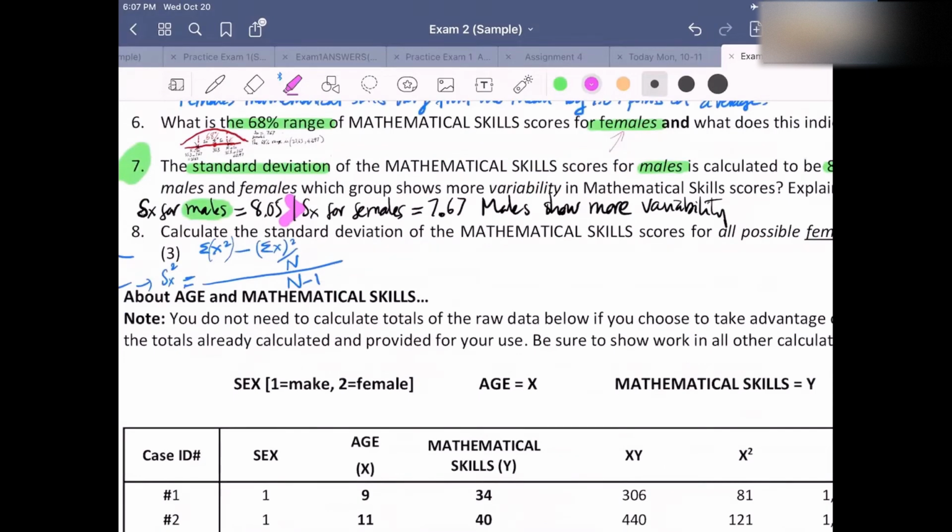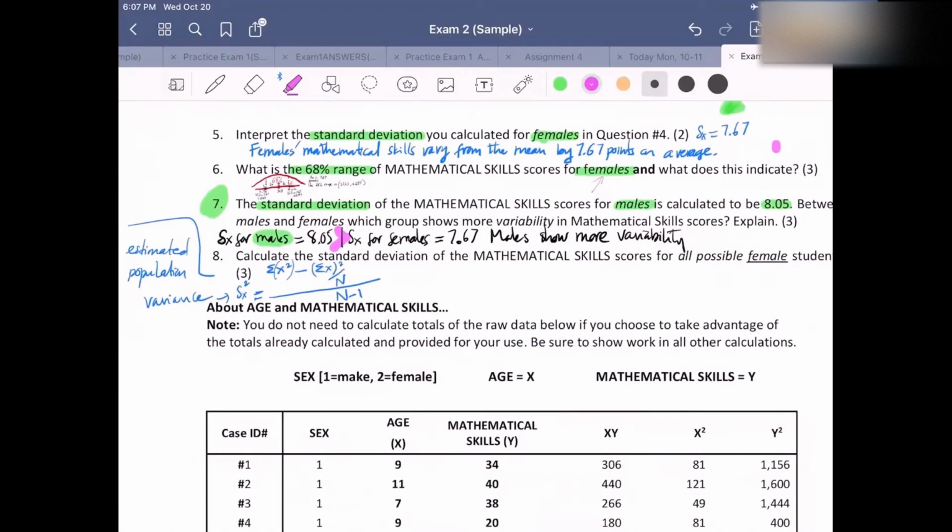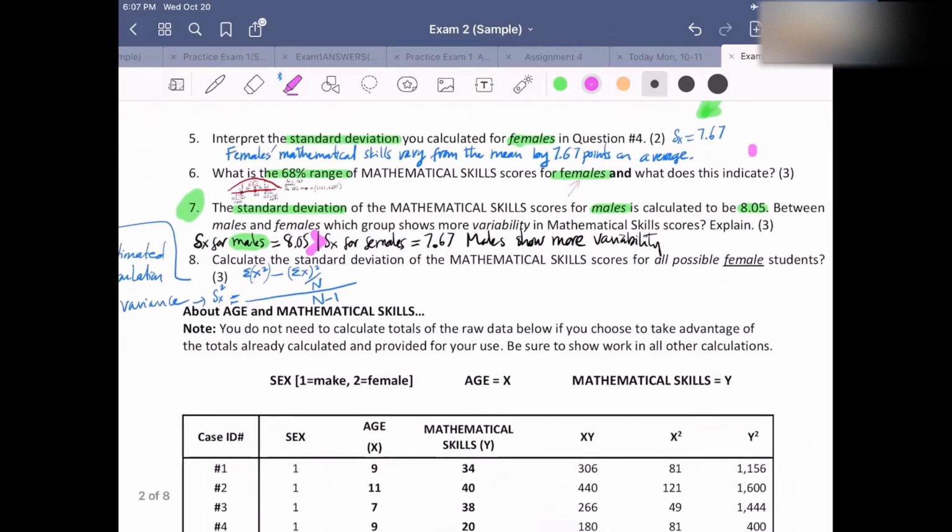Brianna, can you read number 8 out loud for me? Calculate the standard deviation of the mathematical skill score for all possible female students. All right, thank you. So number 8, we're talking about number 8, everyone.